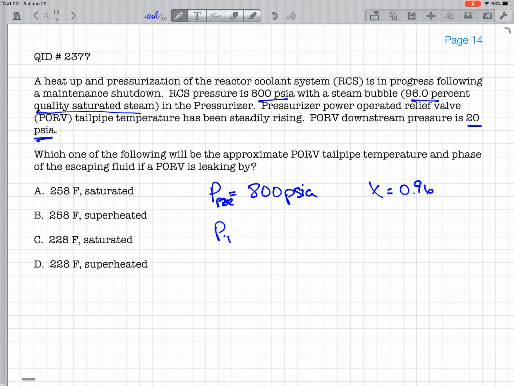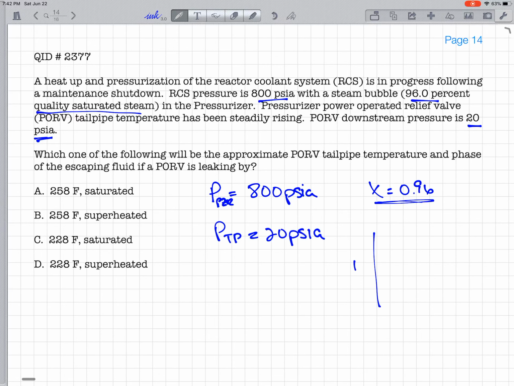And pressure of the tailpipe is going to be equal to 20 psia. So we got to ask ourselves now, what does it matter that it's 96% quality? And we know what that means, right?